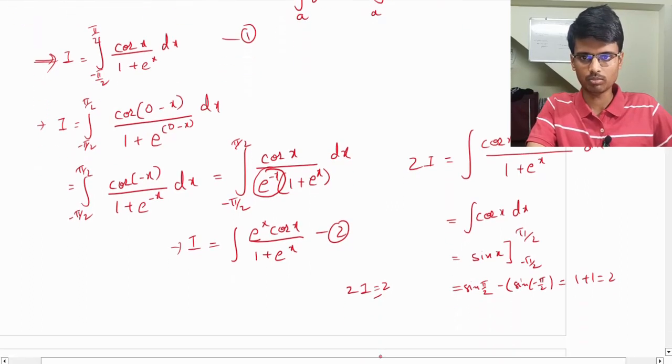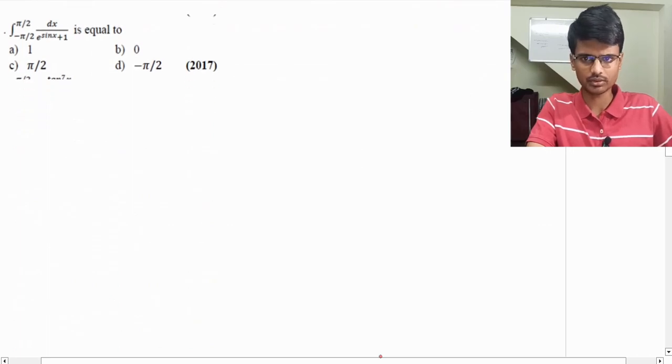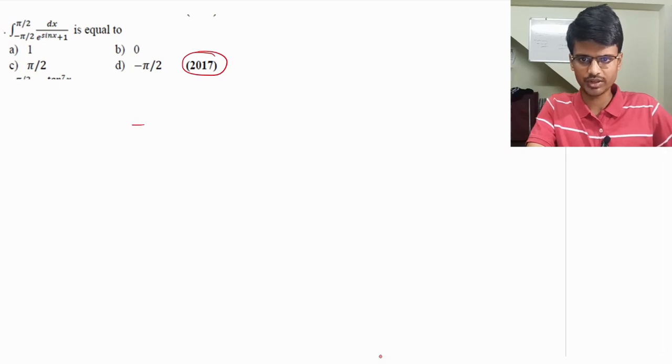Okay, moving on. Okay, so this is a similar question to what we did previously. This was asked in 2017. So when you apply the same property again, what do we get here? Integral from minus pi by 2 dx over e power sine of minus x plus 1.